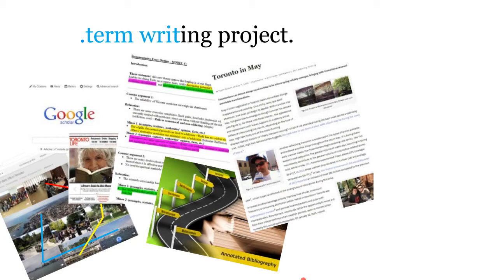Another issue was, because it is about Toronto, they're going to be seeing and working hands-on with the things that they're actually writing about that are in Toronto, instead of some abstract topic like coffee in Colombia or something like that. And finally, I wanted students to be able to talk to me about what it is that they're writing about.